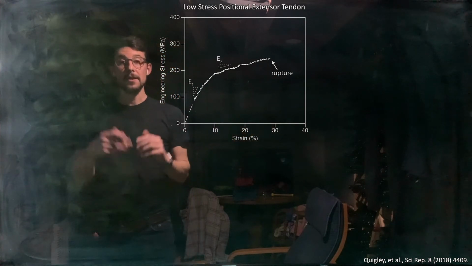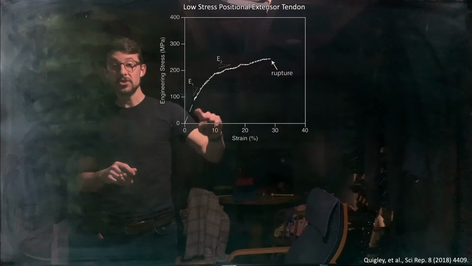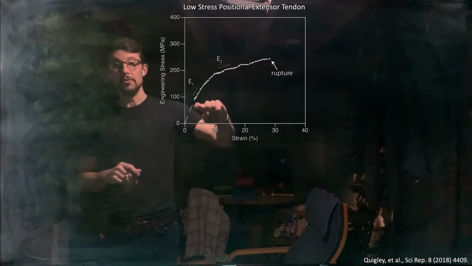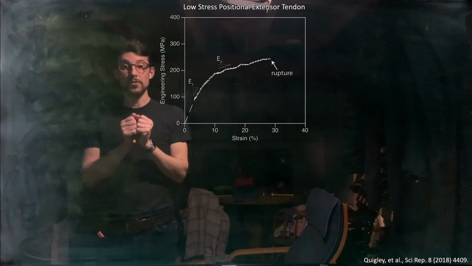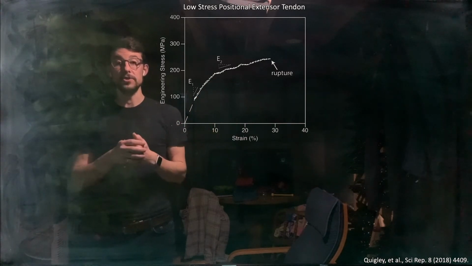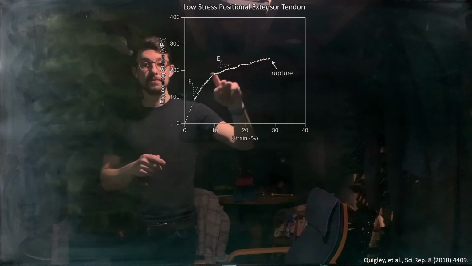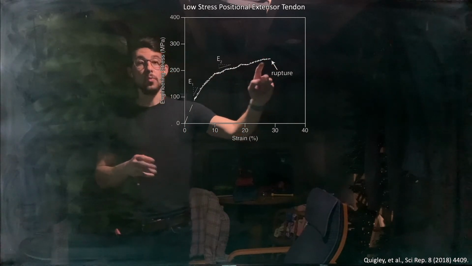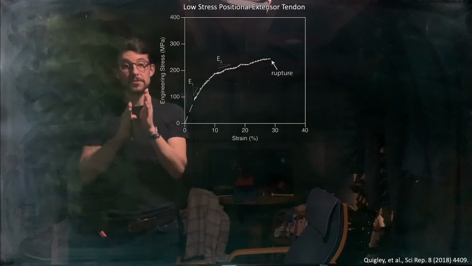In terms of the mechanisms we talked about last lecture, this initial high stiffness region can be attributed to the straightening out of those molecular kinks that you can measure by X-ray diffraction, and the lower modulus region would correspond to when collagen molecules start sliding relative to one another.